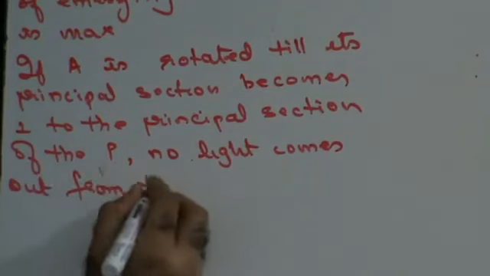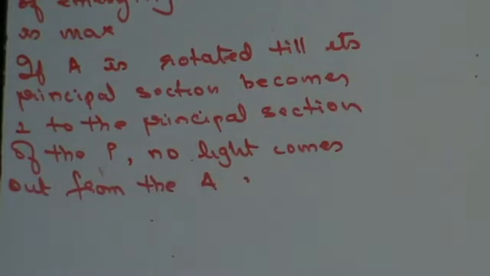So long as the two principal sections are parallel to each other, you will have light coming out from the analyzer. But if the principal section of the analyzer is made perpendicular to that of the polarizer, there will be no light coming out from the analyzer.